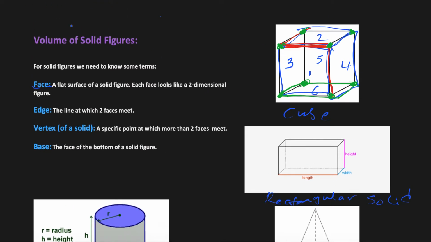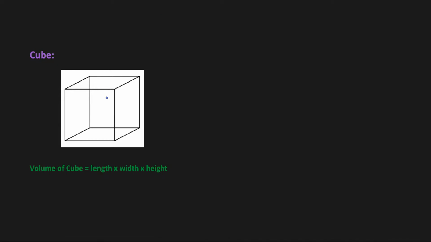So first let's look at volume of a cube. In this case we have a cube, and let's say length is 4, the width is 4, and also the height is 4.